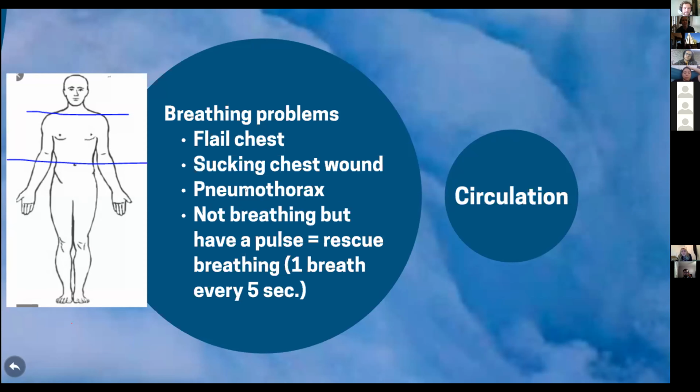And as you're probably thinking, yes, these are all critical conditions. So if you're in the backcountry, this is when you're contacting dispatch and you're requesting a helicopter evacuation, because these are quite critical.